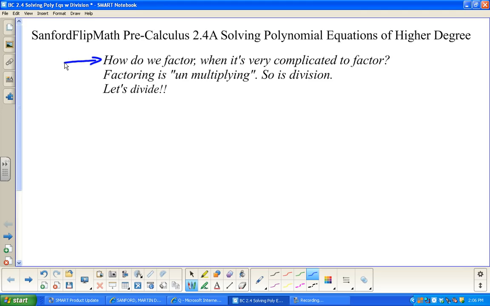It's undistributing, unfoiling, unmultiplying in its many forms. But so is division. And we're going to spend a little bit of time talking about how to divide when we're talking about polynomials. So that's the plan for this section.